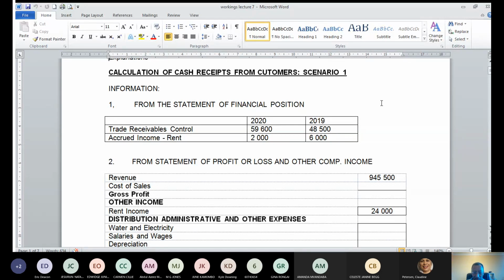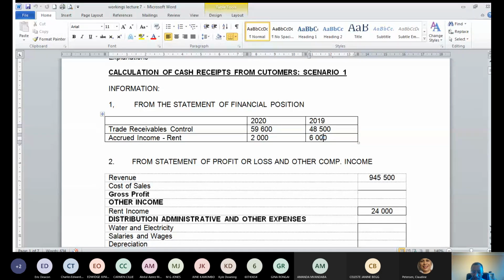We take a look at the information given to you, the information from the statement of financial position for 2020 and for 2019. In a question, they will always give you the statement of financial position over a 2-year period. From it, we have information on your trade receivables control account, and we have accrued income. Trade receivables control was 48,500 in 2019 and 59,600 in 2020.